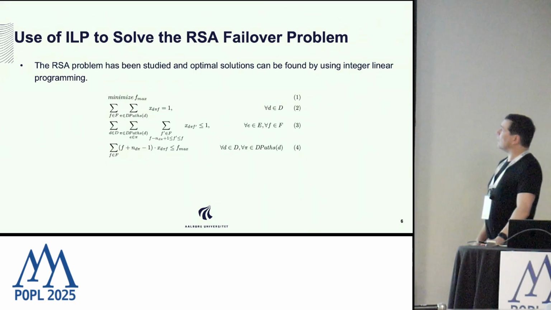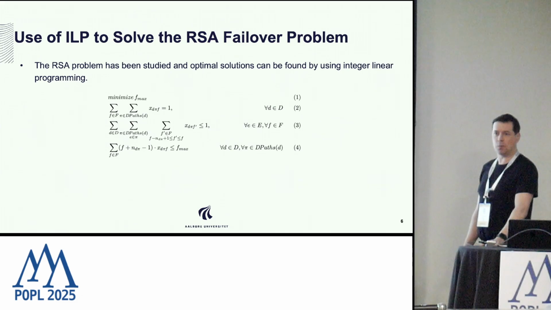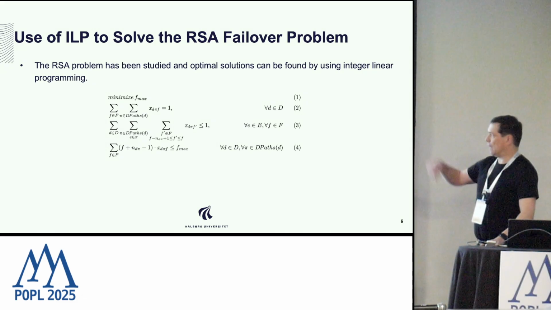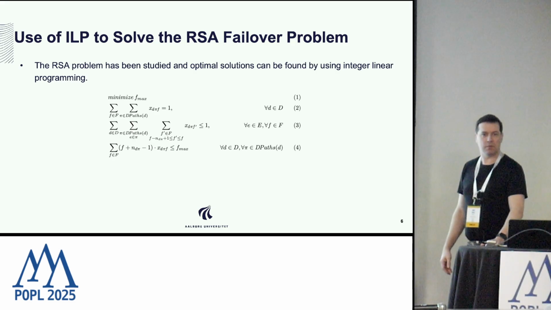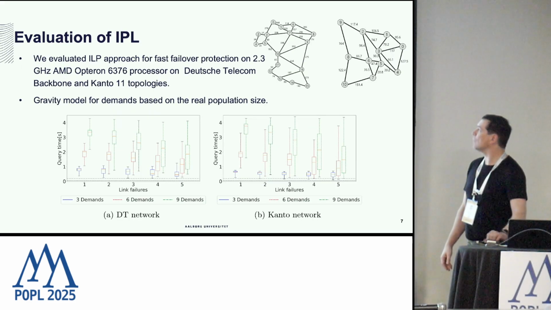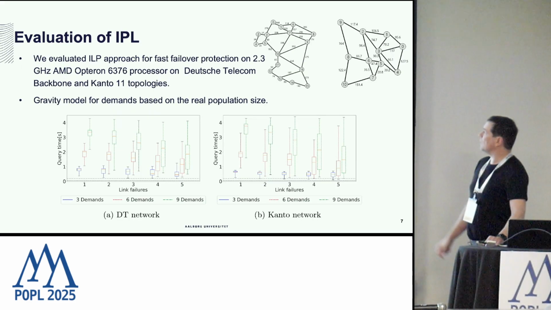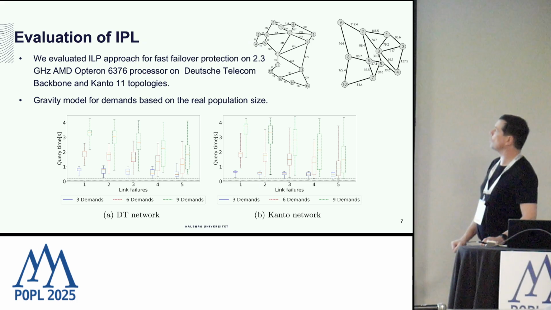So a classical solution that was already presented in the literature is to use integer linear programming to solve the RSA problem. I'm not going into details, but we implemented some of these classical solutions that we found in the literature to see how fast they can actually be. And then we evaluated on some small, medium-sized network topologies, Deutsche Telekom and Kanto.